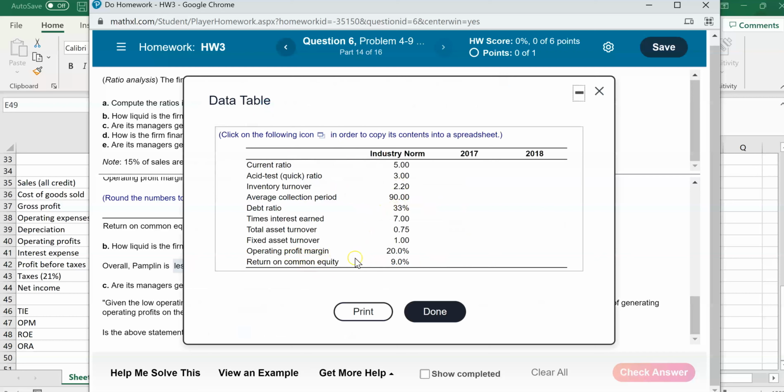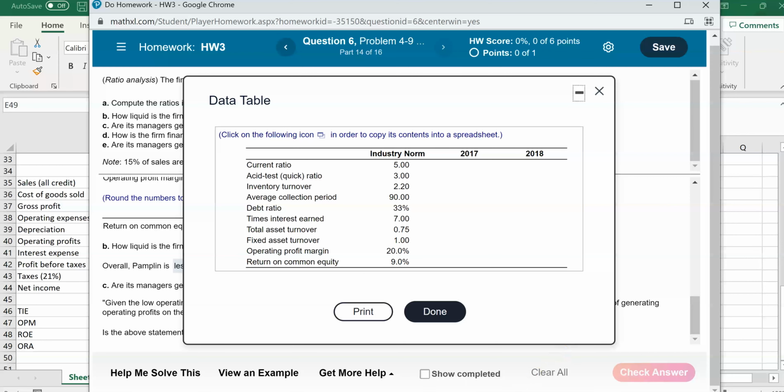So we click on the other table to find the operating return on asset for the industry. Here you can see that it's not directly provided. Before we hastily conclude that we can't compare, we have to remember there's a relationship between these ratios.